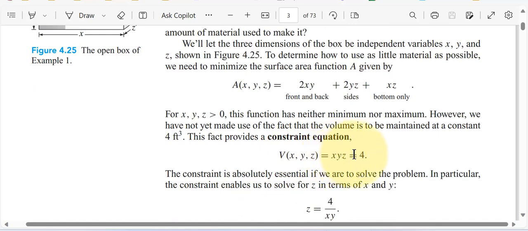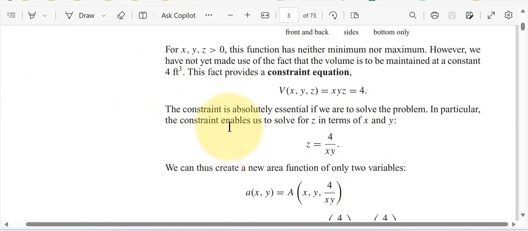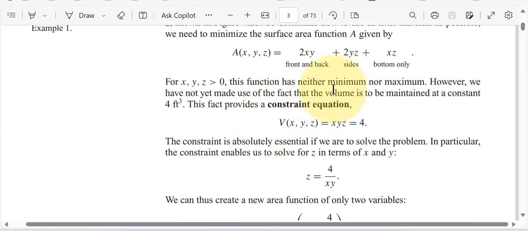So this is similar to our constraint in as much as it's an equal sign. It's not a less than or equal sign. And they point out that the constraint is essential if we're going to solve the problem. If we don't have this constraint, there is no solution to the problem, because, as they said, there's no minimum. Although, as I said, it seems like there's a minimum of 0, but maybe they're talking about negative values as well.